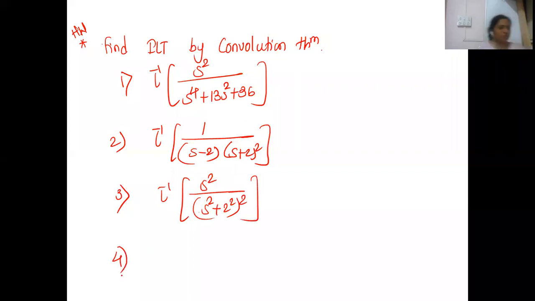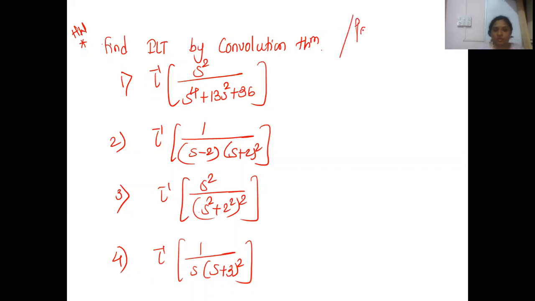And the last one, Laplace inverse of 1 upon s into (s plus 3) square. All of them by convolution. And all of them you can also try by partial fractions. So if you are done with convolution, try with partial fractions.